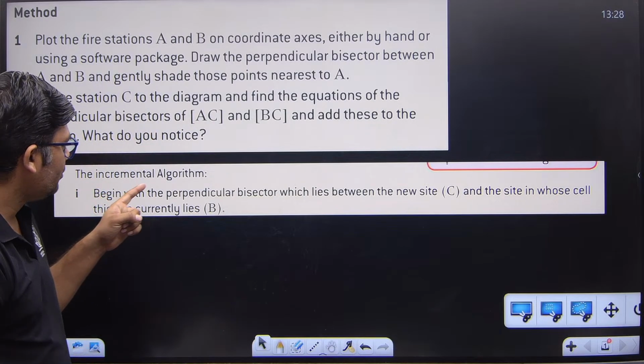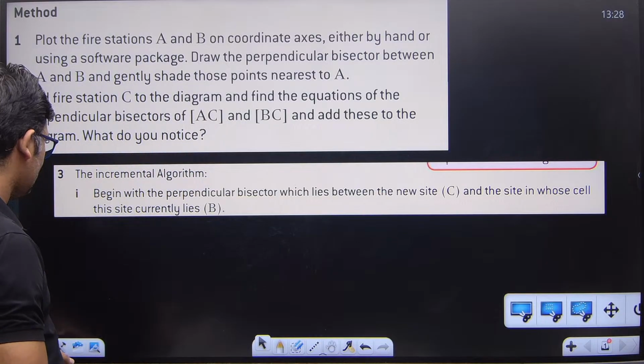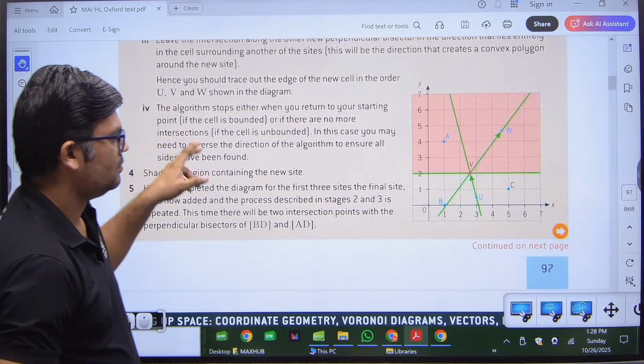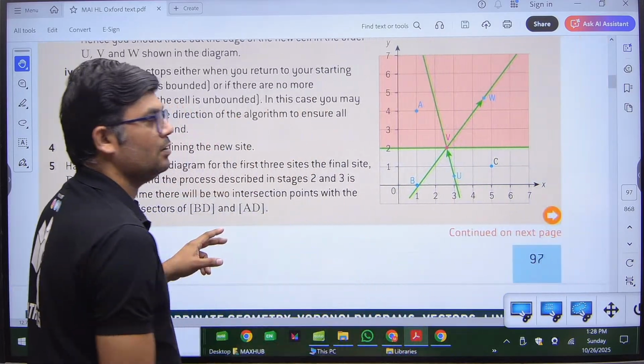They're telling us the steps for this algorithm.